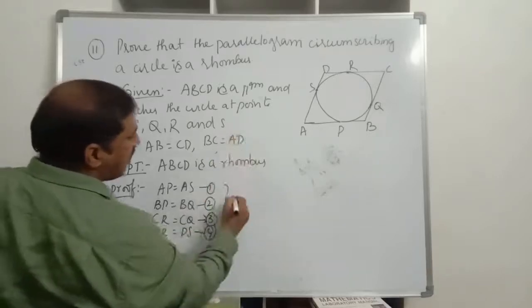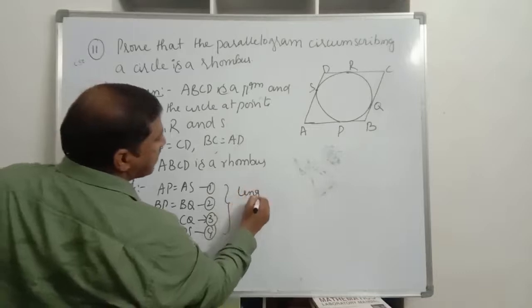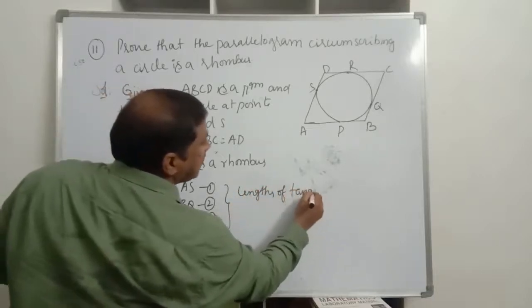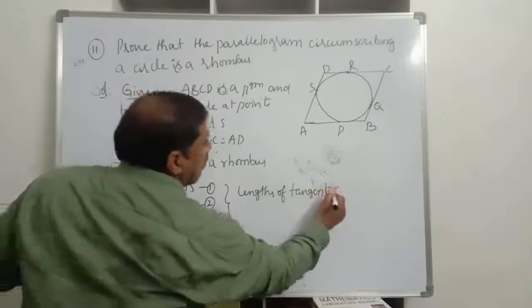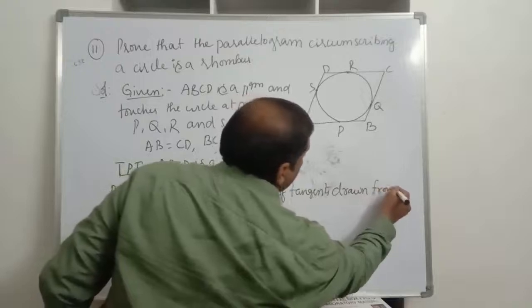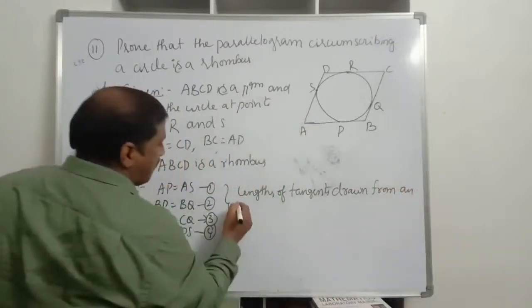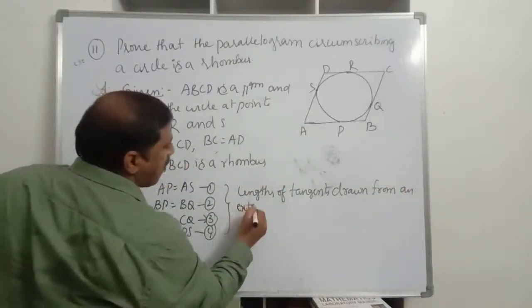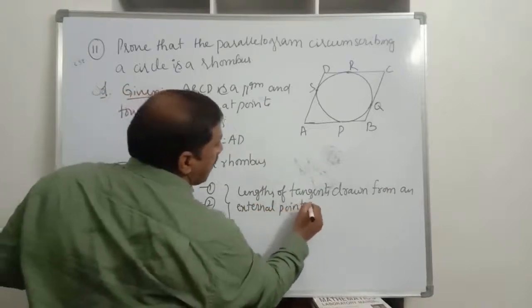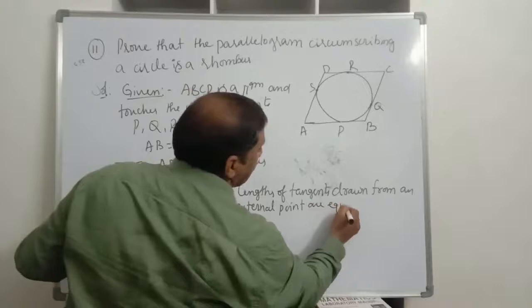How are they equal? Lengths of tangents drawn from an external point are equal.